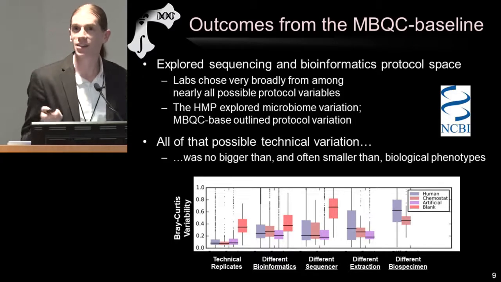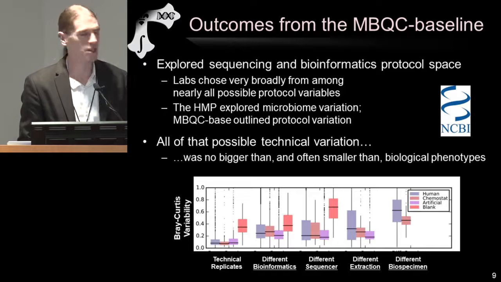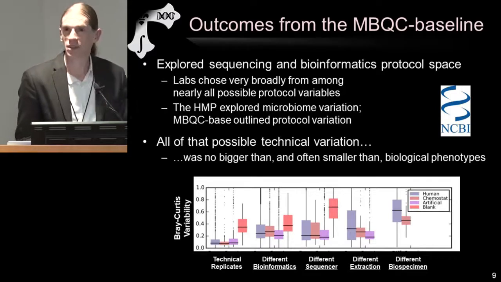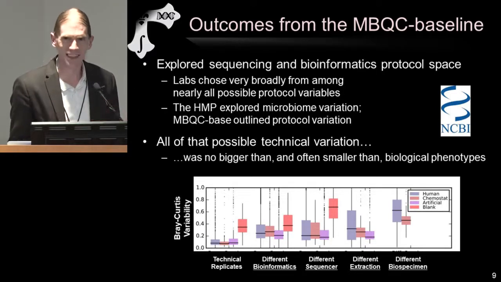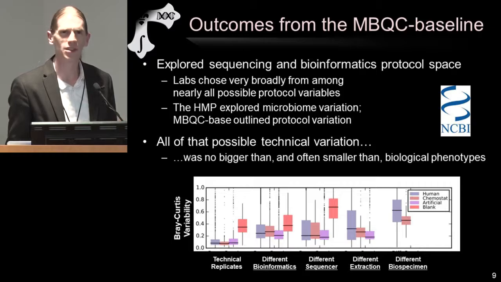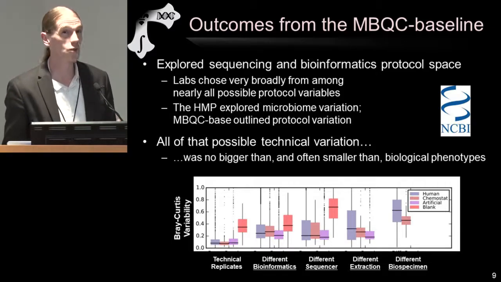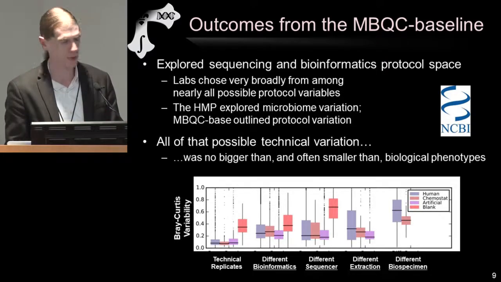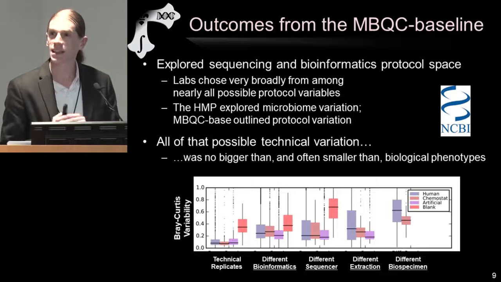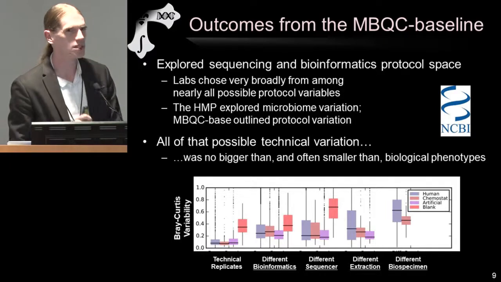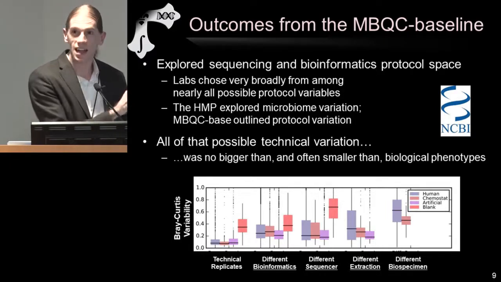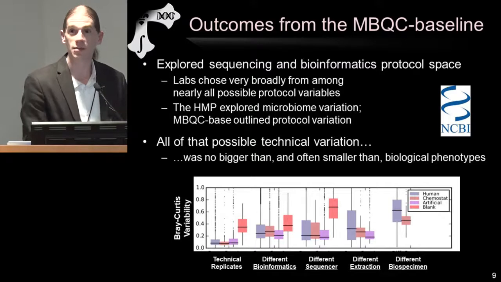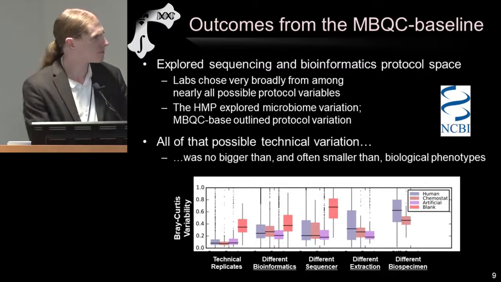And you can look at this in either a glass half full or a glass half empty way. The glass half empty way is that, oh my goodness, there are so many sources of variability. They're of comparable size to the biology, which can make them challenging to handle. It is difficult to resolve microbial community measurements from different protocols. But the glass half full way is that most of the time, even in this highly constrained experiment, biological effects were greatest.